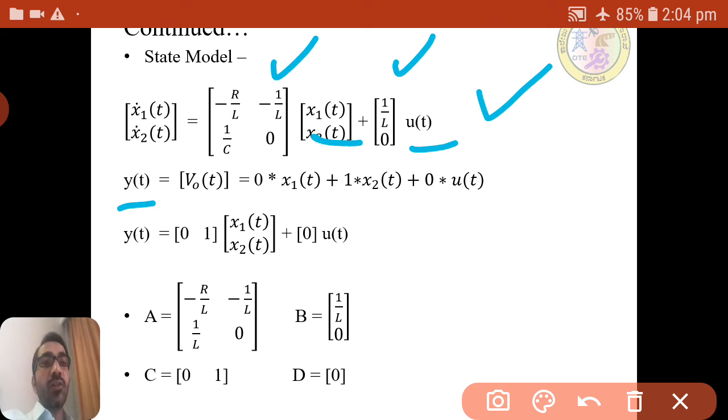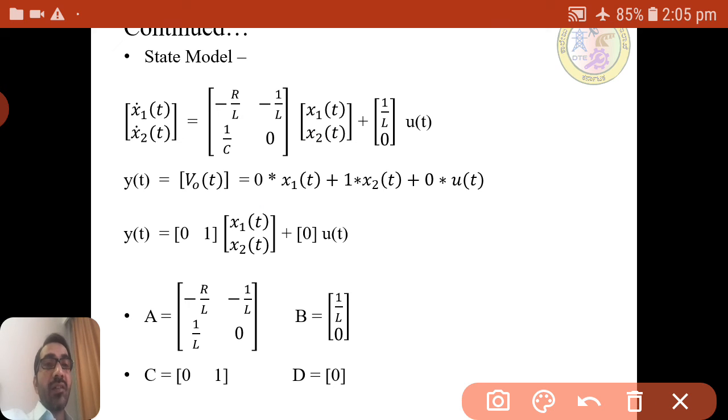Okay, if you take the output equation, y of t is equal to v naught of t, that is nothing but 0 into x1 of t and 1 into x2 of t, since v naught is the second state variable, and 0 into u of t. Okay, so 0 and 1 are the coefficients for c, this is x of t, and d is 0.